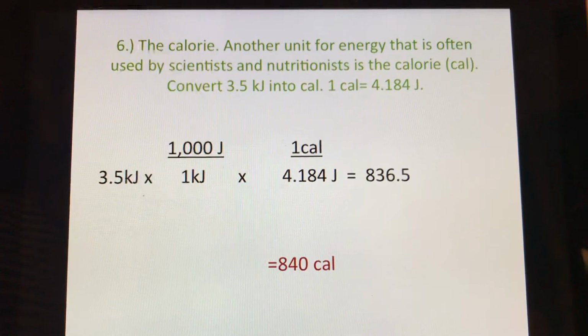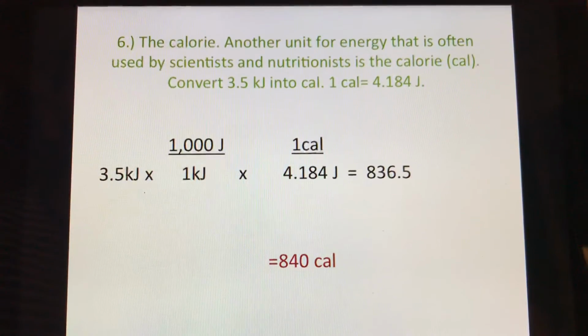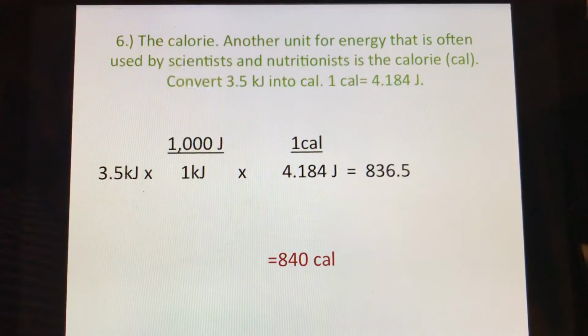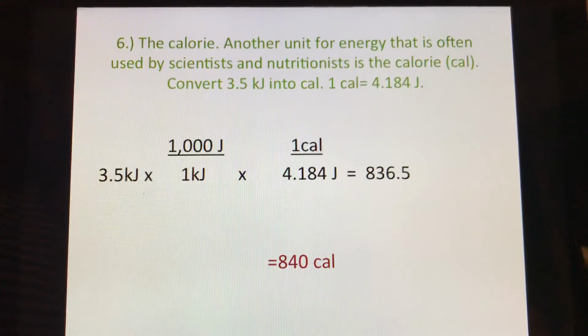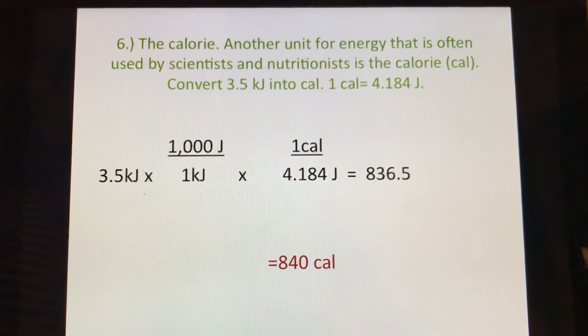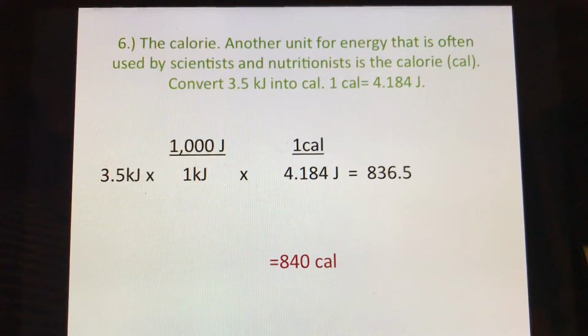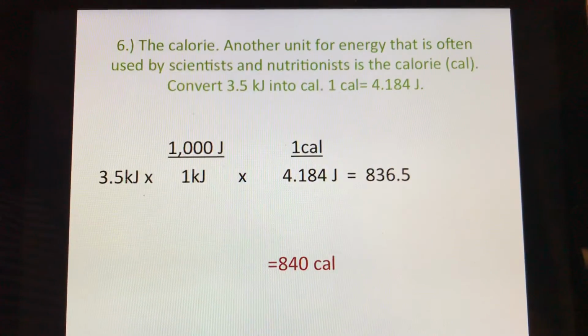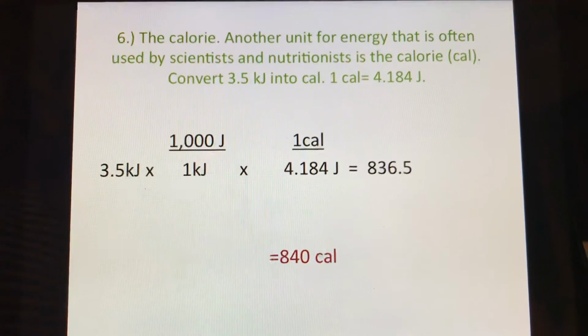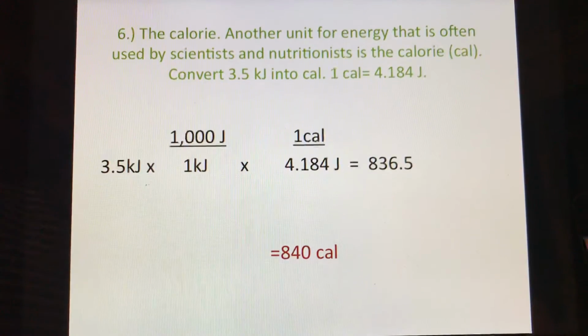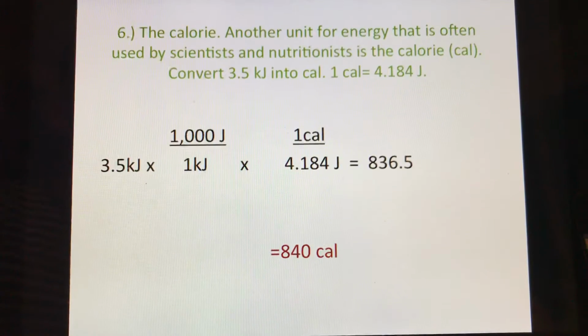With setting it up that way, we're able to cross cancel the kilojoules, and from there we have joules, which is multiplied by 1 cal over 4.184 joules. The joules cancel out as well, which leaves us with 836.5, which we round off to 840 calories.